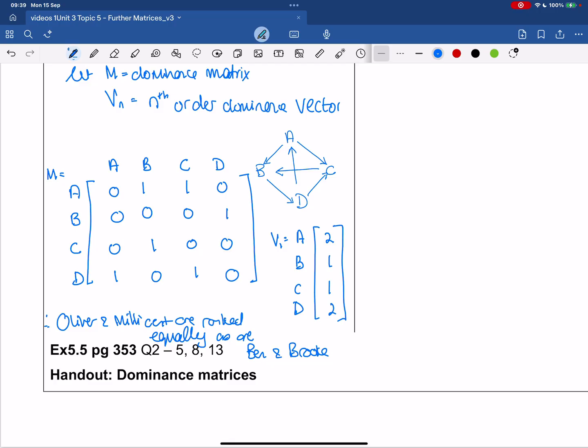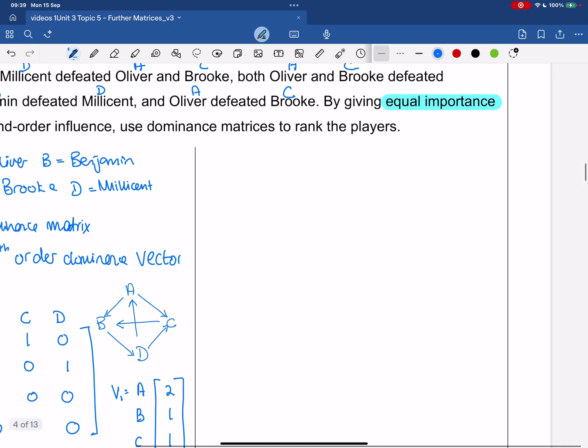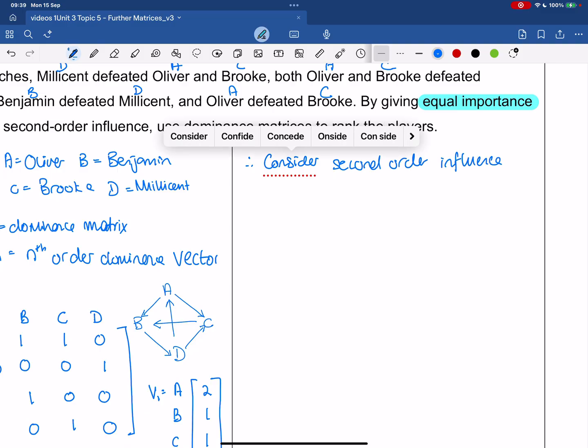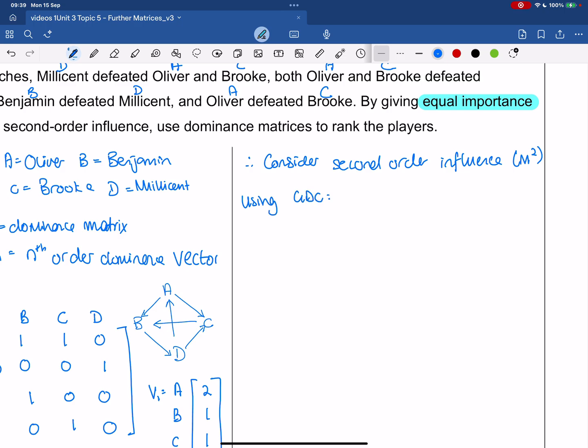So we're going to use second order influence. So we're going to say, therefore, consider second order influence. And that's going to be our M squared matrix. So using my GDC, I'm going to find what my M squared is.